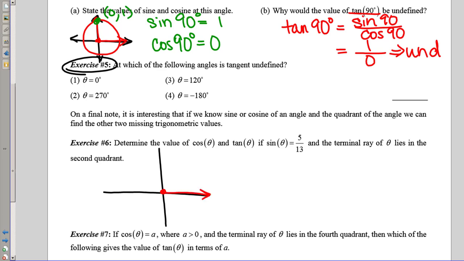So we have our angle in standard position, and we're going to draw that terminating or terminal ray in quadrant 2. Okay, we're creating our right triangle. We don't know what our angle theta is, and quite frankly, it doesn't matter because we already know the ratio of the sides. So we have opposite over hypotenuse, and so we need to find the missing side. We need to find the x value in order to evaluate cosine and tangent.